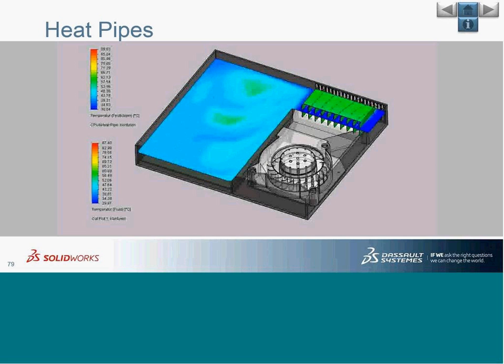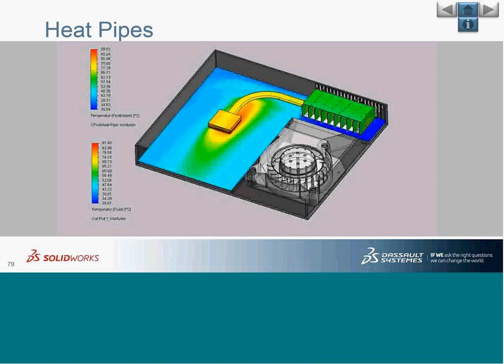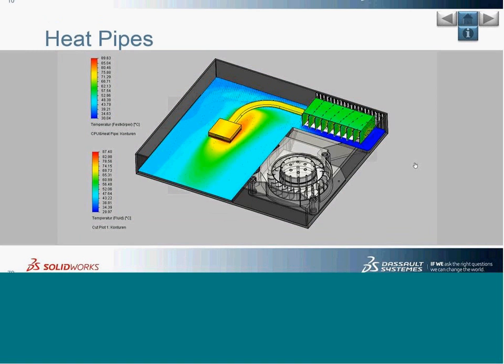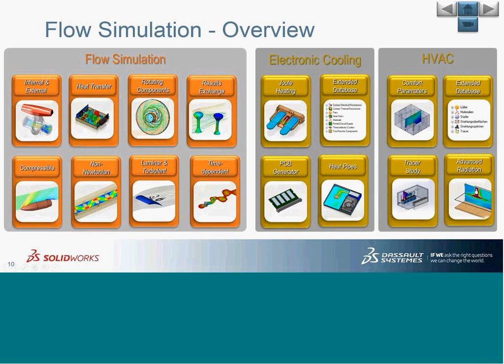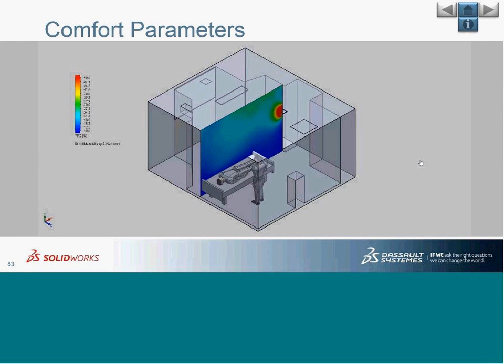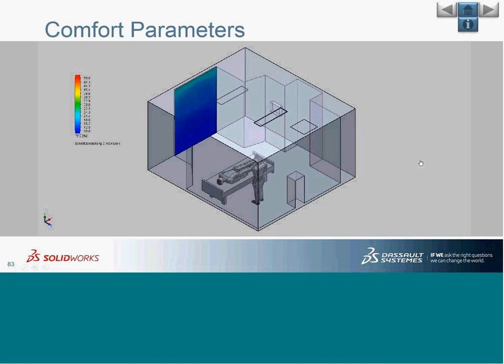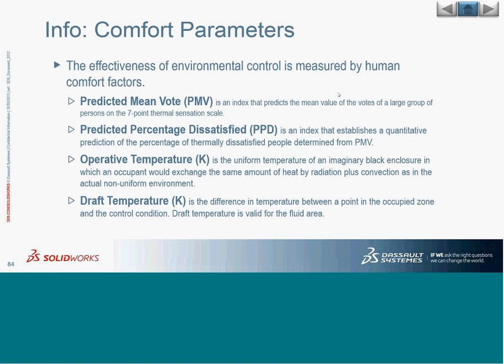A huge set of parameters will help us understand if a certain person within this environment is comfortable or not, based on a few parameters like predicted mean vote, predicted percentage dissatisfied, etc. A human being will be comfortable in a certain location if there is a certain quantity of oxygen, a certain quantity of air around him with a certain speed, and the temperature is at a certain level. These parameters together decide if he is comfortable at a location or if the system needs to be improved.